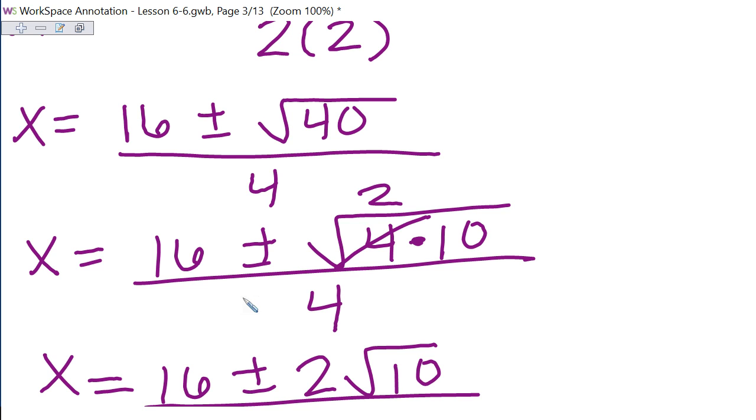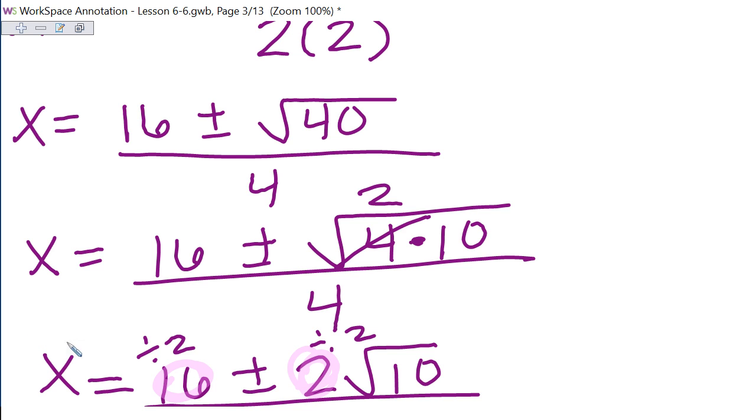After you simplify your radical, you need to check these 3 numbers I'm highlighting. So the number out front, the number in front of the radical, the number in the denominator. Do those 3 numbers have a common factor? What's the common factor? 2. So divide all 3 of these numbers by 2 to simplify it.